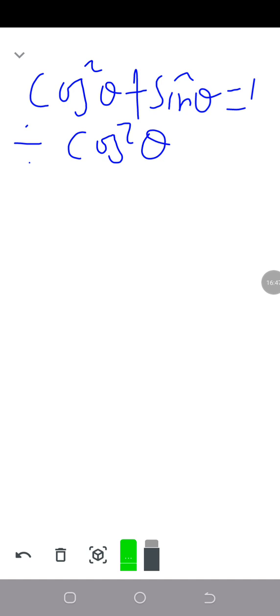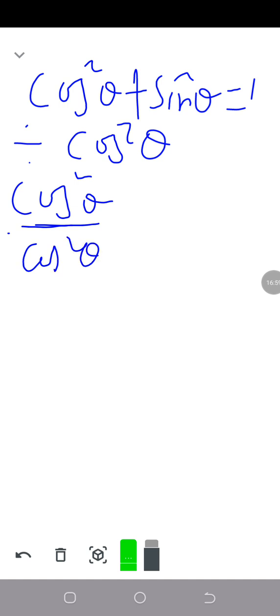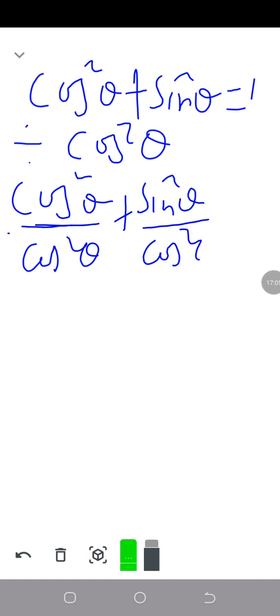So dividing by cos squared theta throughout, we shall have cos squared theta over cos squared theta plus sine squared theta over cos squared theta, which is 1 over cos squared theta.